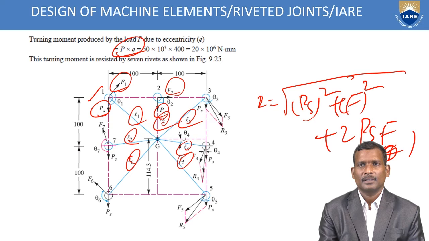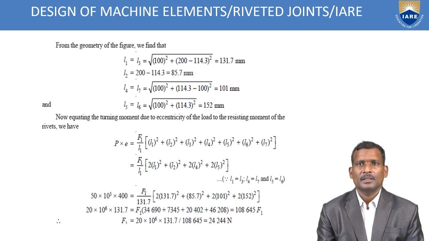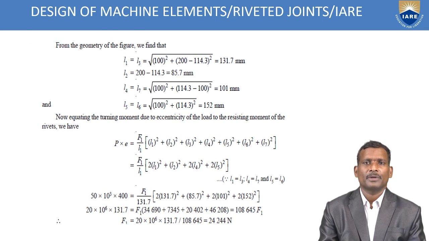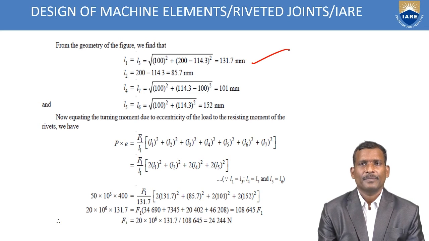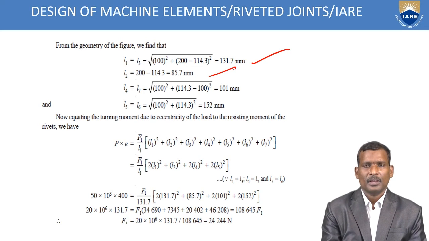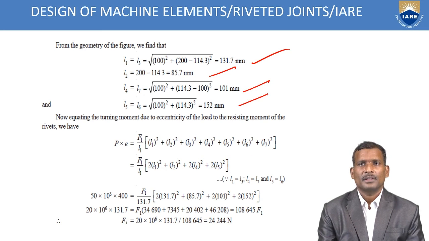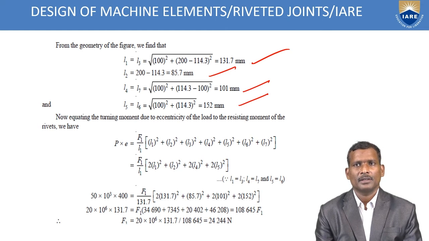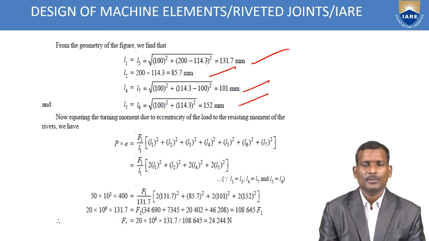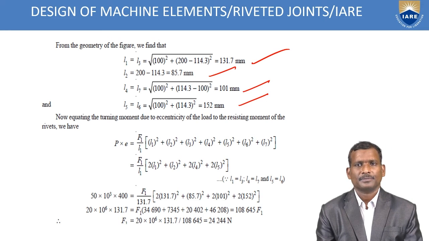So you will get the resultant. From the geometry of the figure, you find L1, L3 and L2, L4, L7 are equal, and L5, L6 are the same. Clear? So you will get the L1 to L6 distances from the center of gravity.